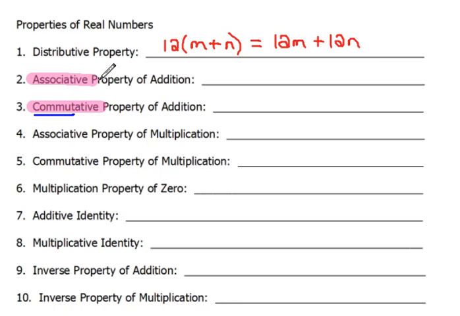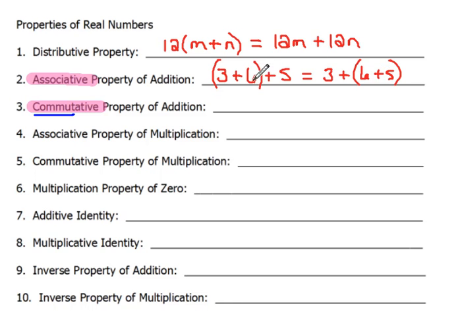Now we have the associative and commutative properties for both addition and then for multiplication. So if I were going to, let's say, add three things, 3 plus 6 plus 5. Would it be the exact same thing if I added the 3 and the 6 first and then added the 5? Or if I were to add the 6 and the 5 first and then the 3, I would get the exact same thing.